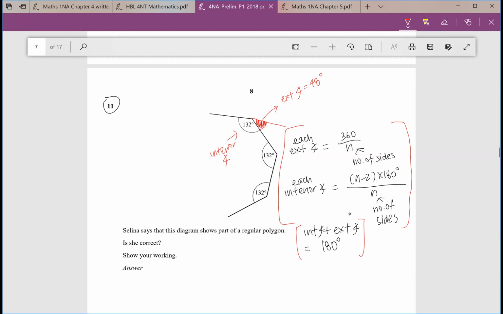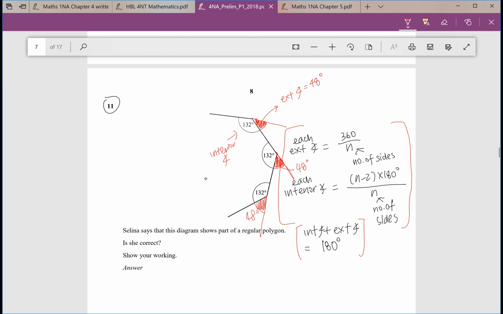Then the middle one, where is the exterior angle? Here. The exterior angle is all the same, so this one is also 48. And here, this is the exterior angle, also 48.